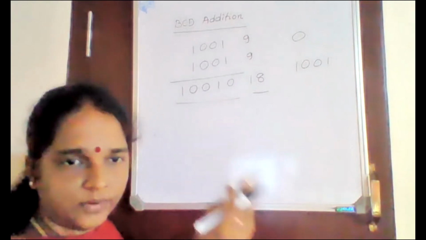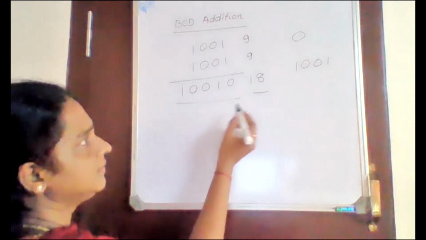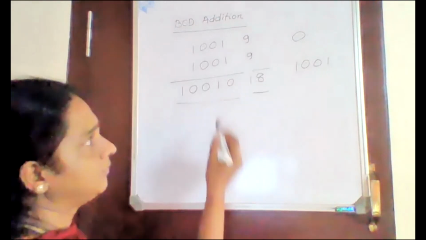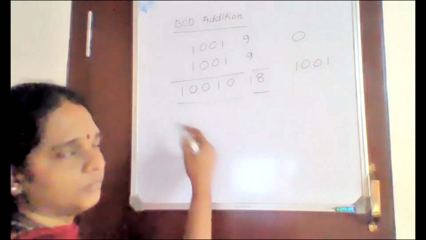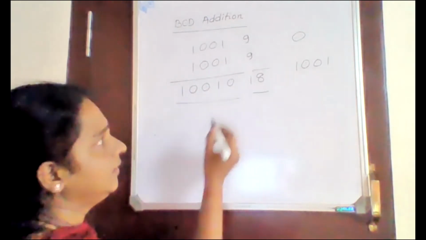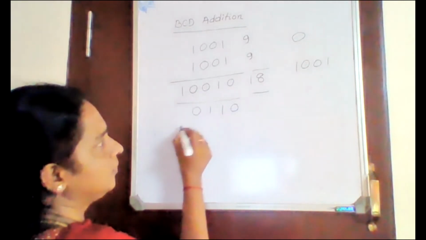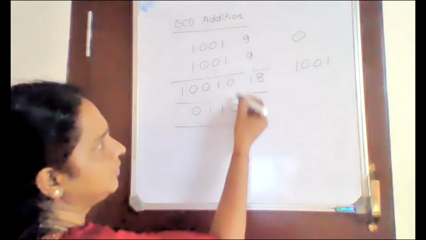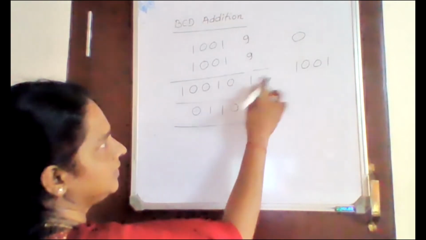So to skip those invalid numbers, if the sum of these two numbers is more than 9, then add 6 to that 4-bit group. Okay, add 6 to the 4-bit group.